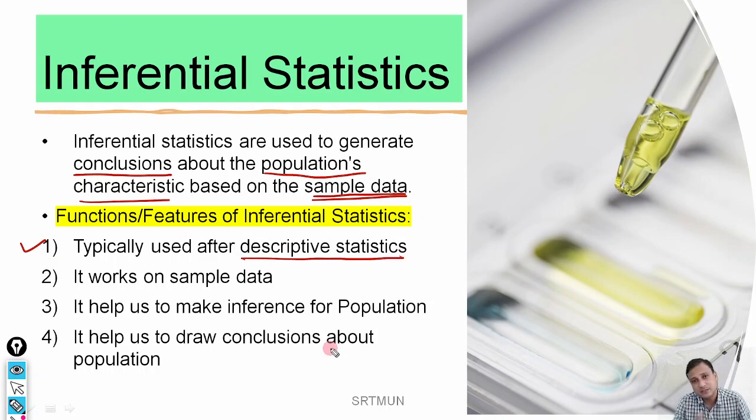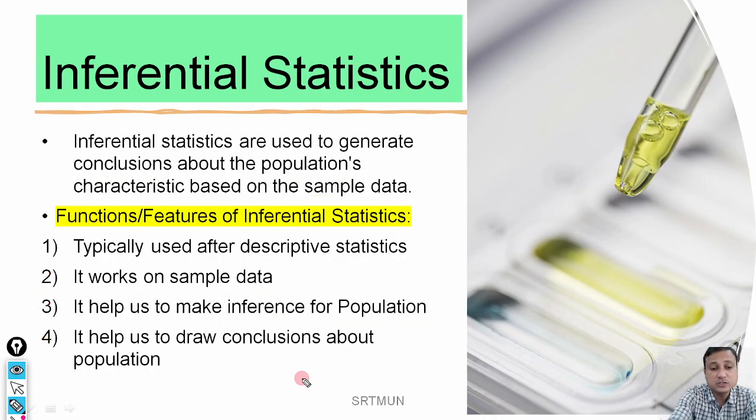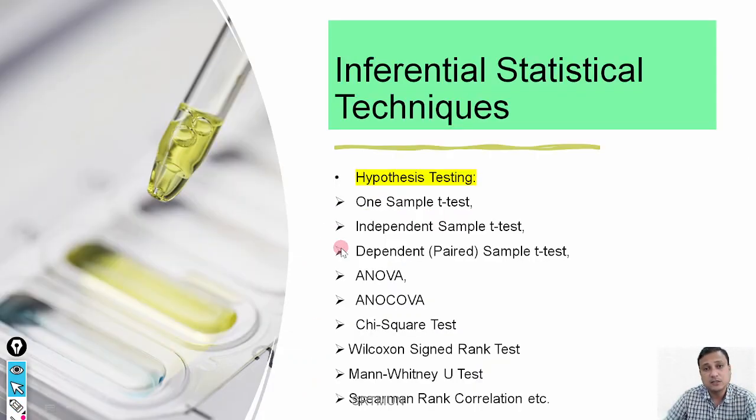So we start with the descriptive statistics. Once we have used descriptive statistics, we become familiar with the pattern of data we have, and then we go for the inferential statistics. It works on sample data. It helps us to make inference for population, and it helps us to draw conclusions about population. So these are the important features of the inferential statistics.